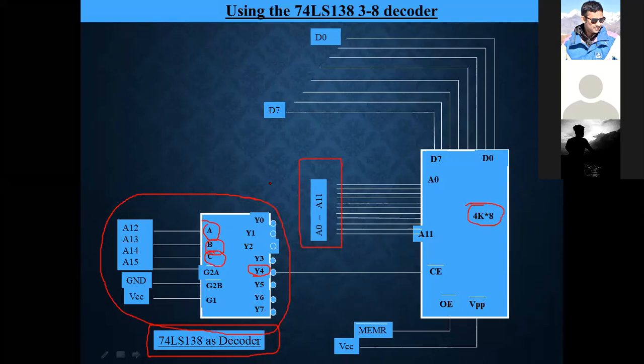Clear? So when all the inputs are 0, then Y0 is selected. Now when C is 1, then Y1 is selected.